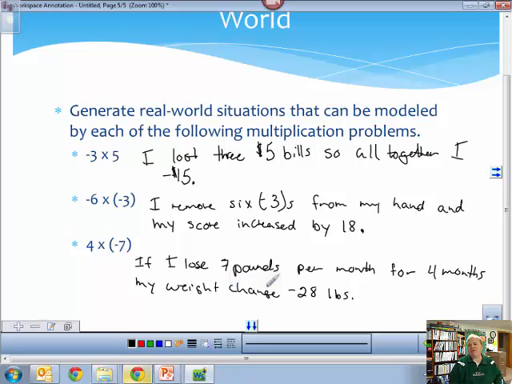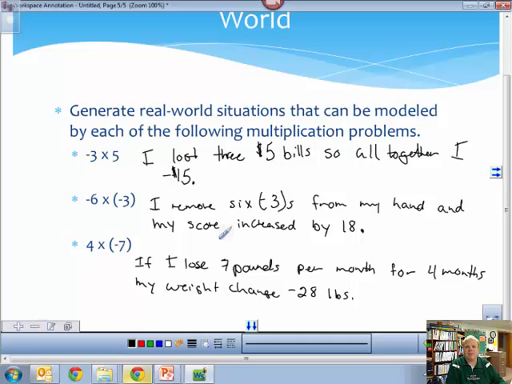Meaning that after 4 months of losing 7 pounds, I'm going to have lost 28 pounds of total weight. This is just 3 different ways that I could use real world problems with the integers.